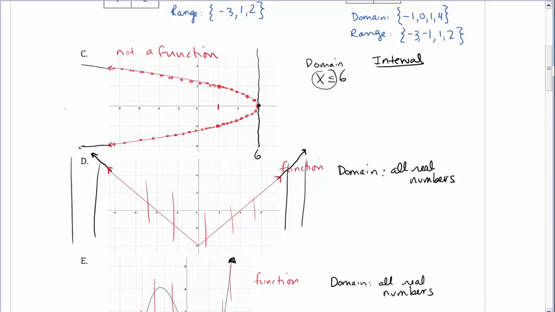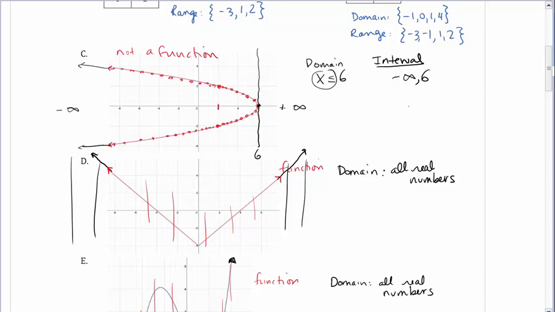And if it goes forever to the left, then that's negative infinity, and forever to the right is positive infinity. So if I write the interval notation for the domain here, the left-hand boundary for this graph, well, there is none, it goes forever to the left, so that's negative infinity. And the farthest that it goes to the right is 6, so I put comma 6.